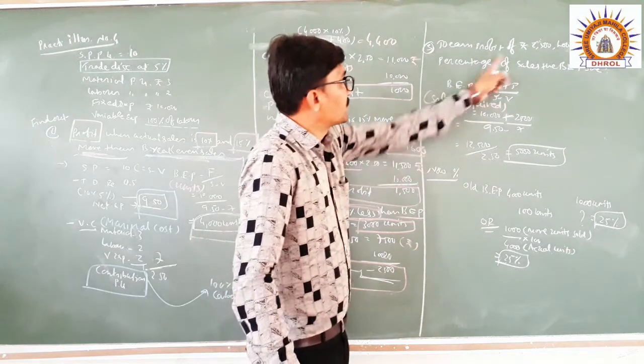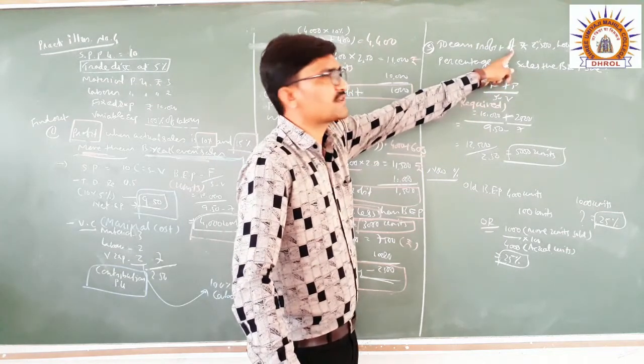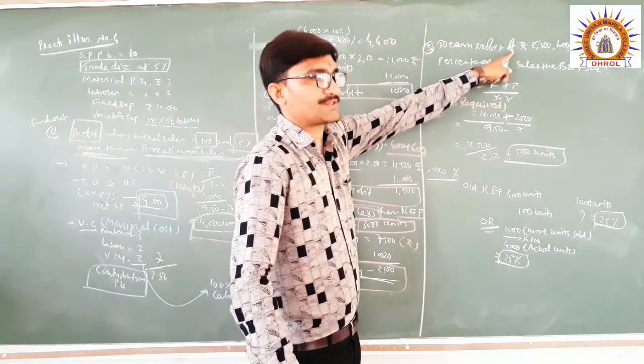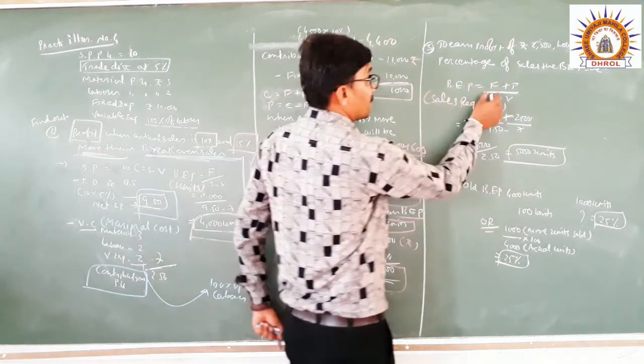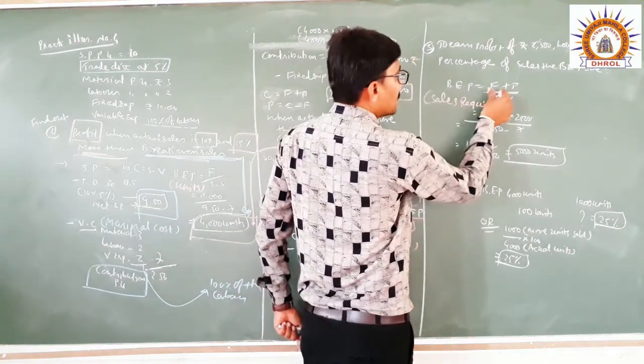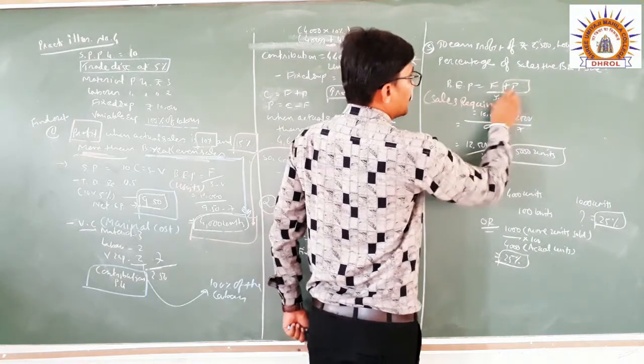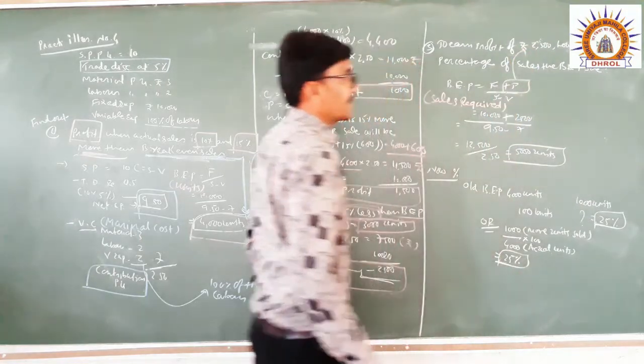right? If this type of information is given, either profit or loss, right? So you just adjust with the F plus P. Here the P is 2,500.